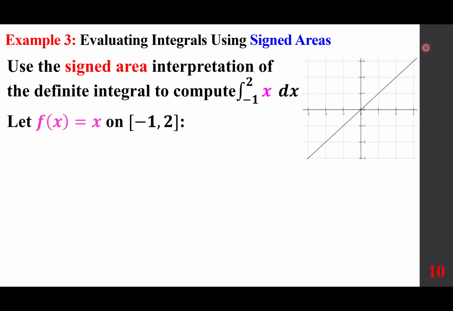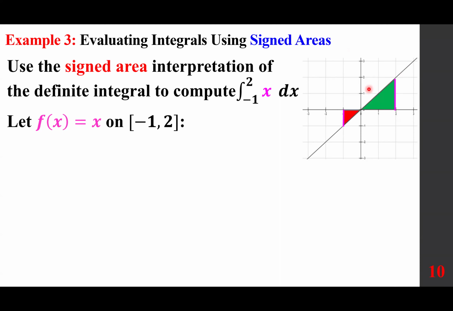So that's the line. And from -1 is here, to 2 is here. We are looking at this area minus this area.